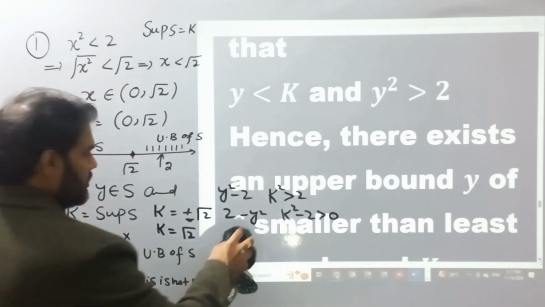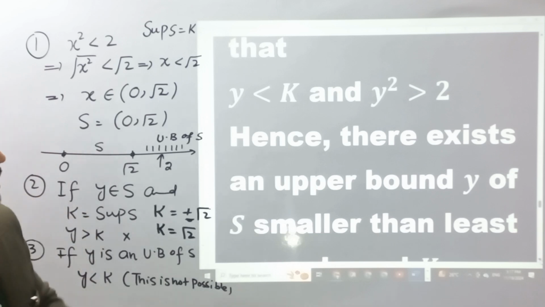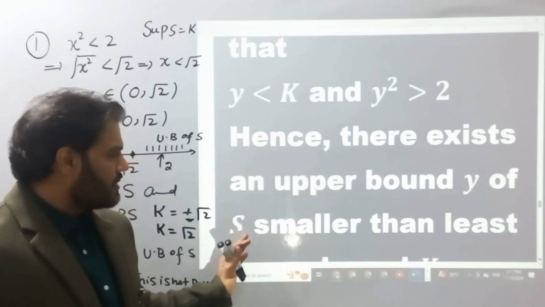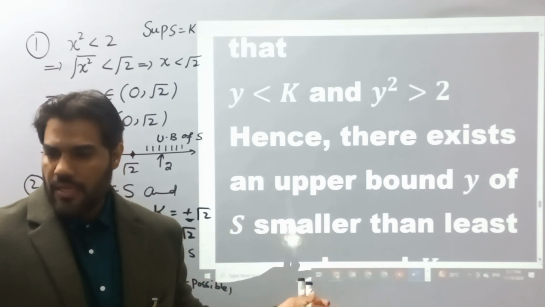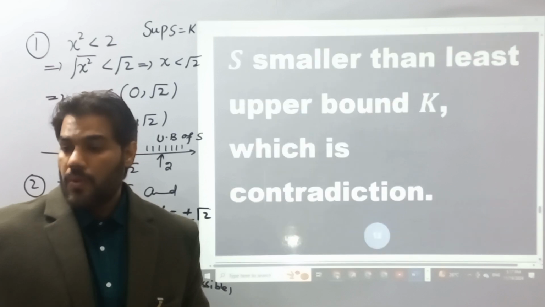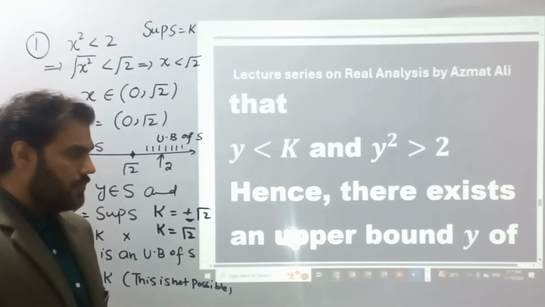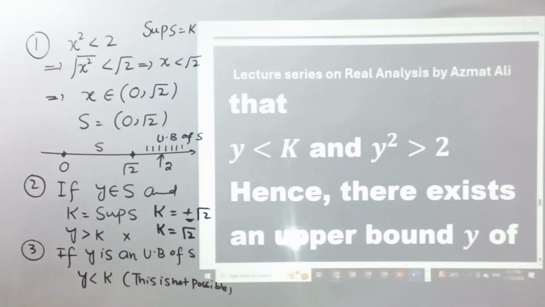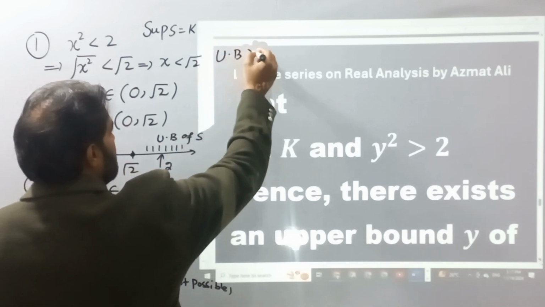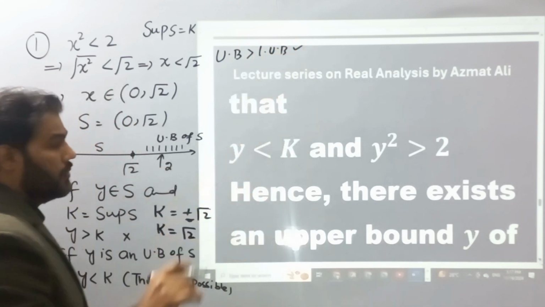What does this show? This shows that there exists an upper bound y of S smaller than the least upper bound k. It is true that an upper bound is always greater than or equal to the least upper bound, in other words, the least upper bound should be less than or equal to an upper bound.